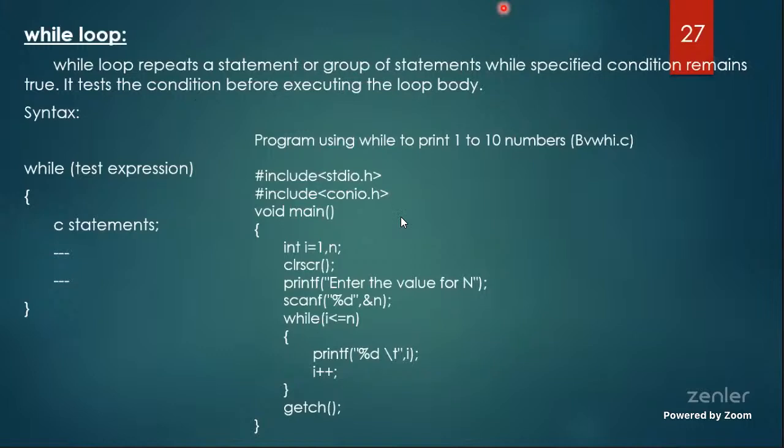Try to understand along with the program I'm explaining. Before that, we'll go to the syntax. While is a keyword, and within the brackets you will be entering a test expression. Test expression means you are entering a relational expression. What is a relational expression? Can you tell me?